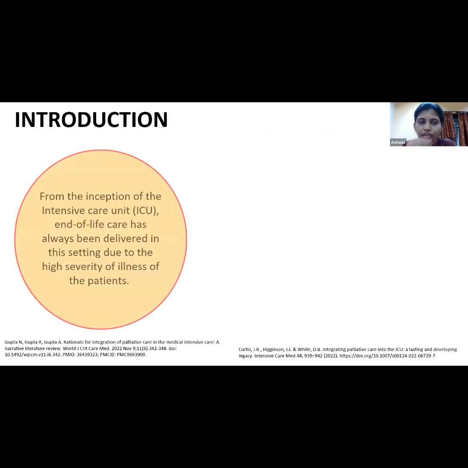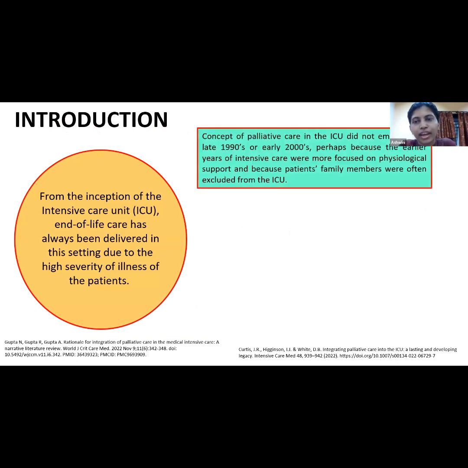Since the inception of the intensive care unit, end-of-life care has always been delivered in this setting due to the high severity of illness of the patients. But the concept of palliative care in the ICU did not emerge until the late 1990s or early 2000s, perhaps because the earlier years of intensive care were more focused on physiological support and because patients' family members were often excluded from the ICU.